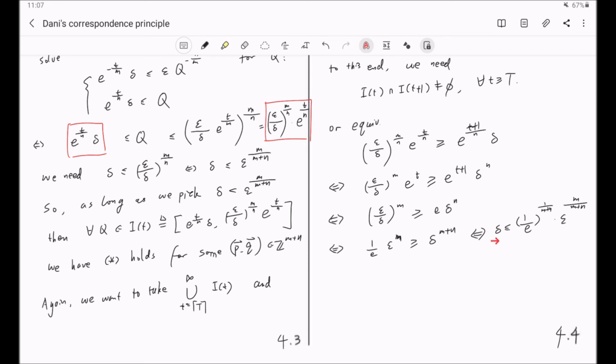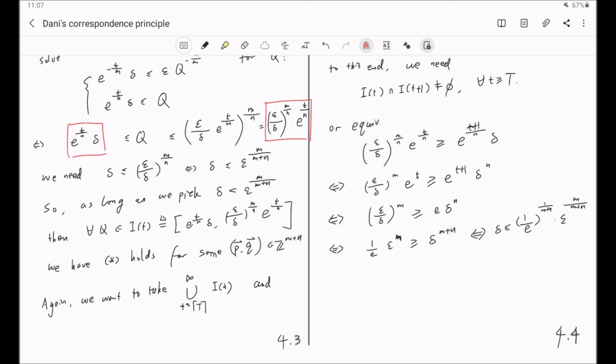Now, as long as you make delta to be less than this guy, noticing that this part is less than 1, so once delta is less than this, it's automatically less than epsilon raised to the power m over m plus n. This is automatically satisfied.